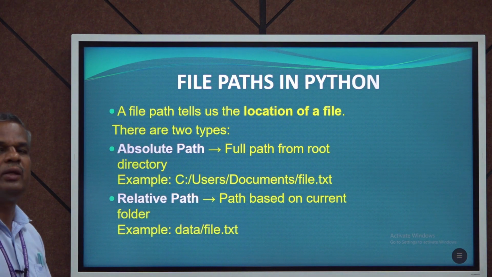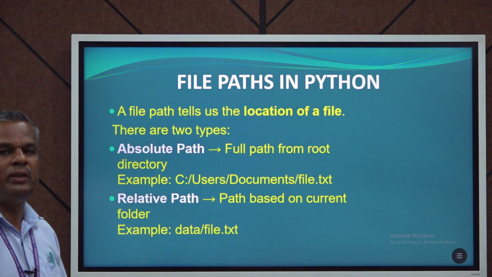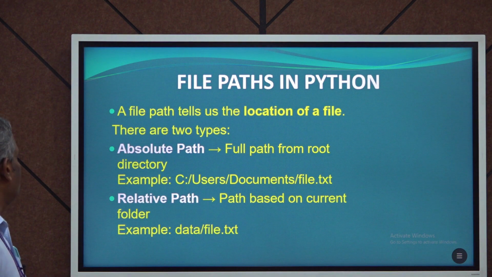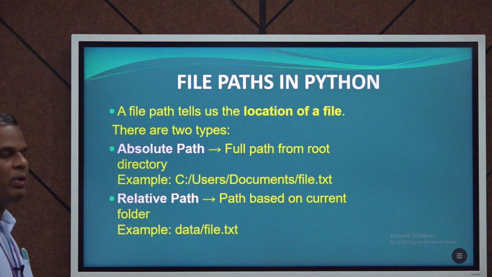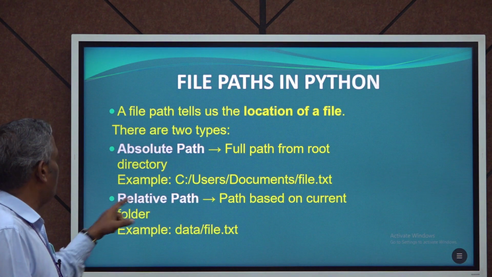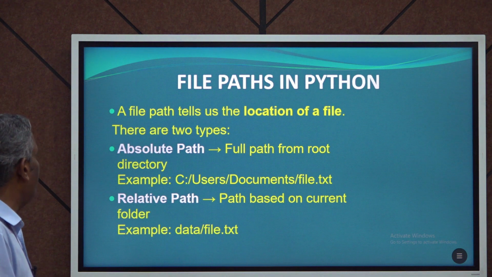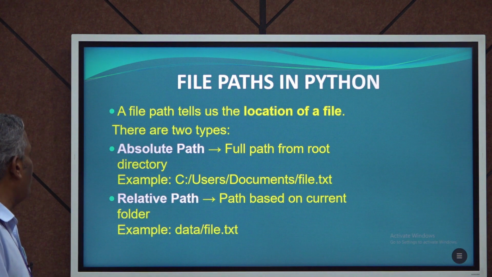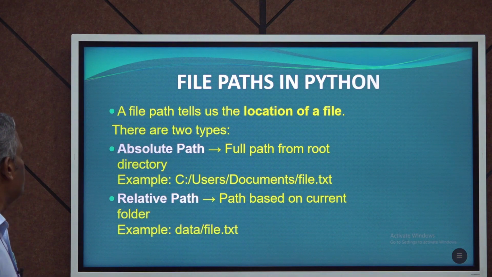So absolute path gives the whole path. For example, if you want to find the path name of file.txt, it will give C colon, users, documents. So file.txt is under the directory documents, which is under users, which is in C colon.